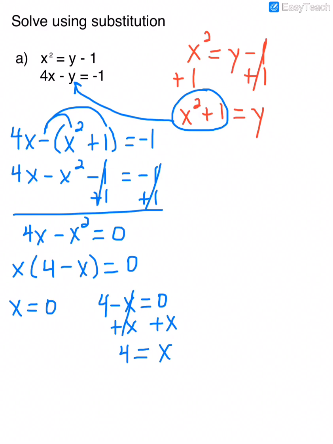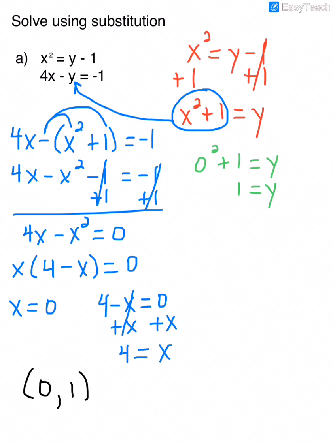If I take 0 and plug it in right here, that gives me 0 squared plus 1 equals y. Well, 0 squared is 0, and 0 plus 1 is 1. So 1 equals y. That's the y coordinate that goes along with 0. So one of my solutions is 0, 1.